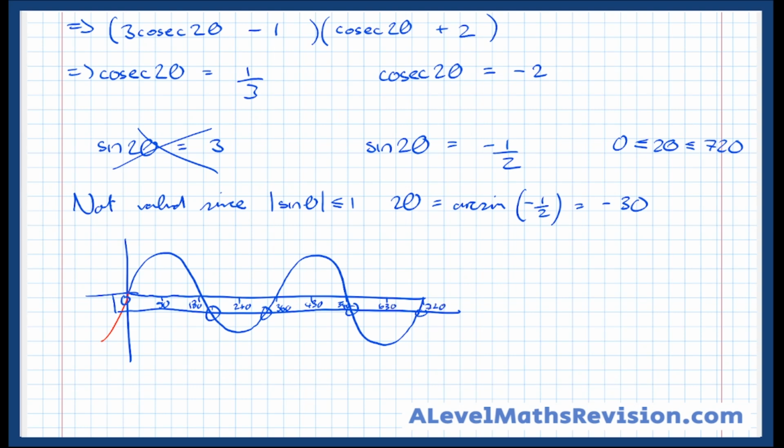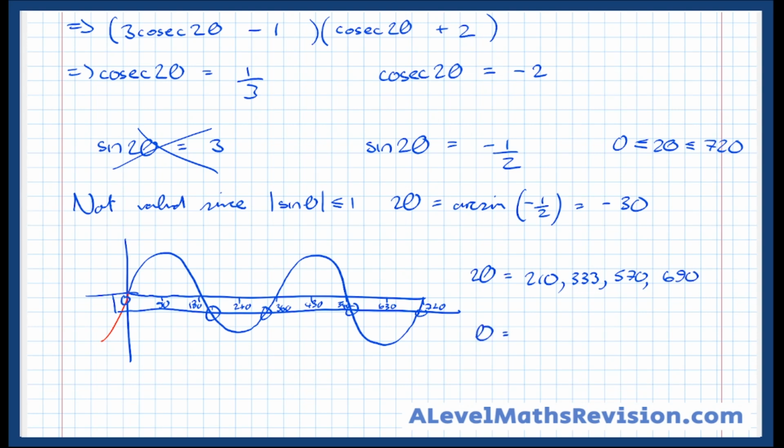And we can see it's 30 to the right of 180, so 2 theta equals, so 30 to the right of 180 is 210, 30 to the left of 360 is 330, 30 to the right of 540 is 570, and 30 to the left of 720 is 690.